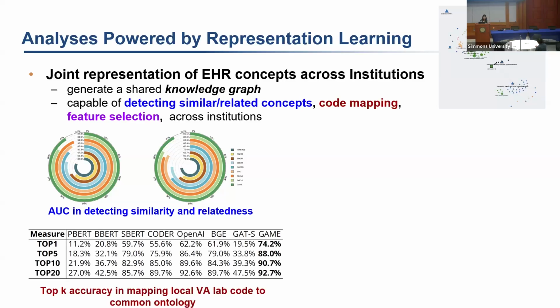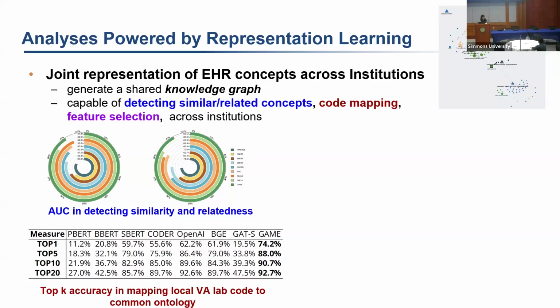The next one I want to show you, in this iteration, we took local lab codes at the VA, and we compared against the OMAP mapping that's curated within the VA. I do want to say that you have to take the OMAP mapping with a grain of salt. In fact, there are a lot of incorrect mappings.